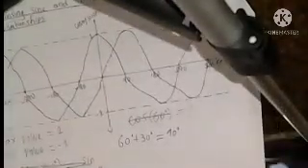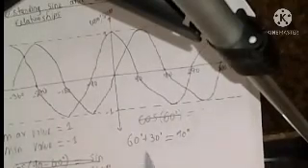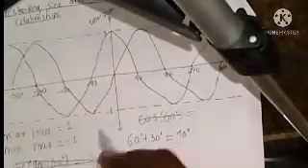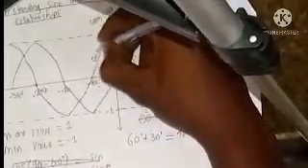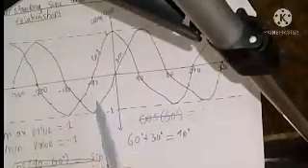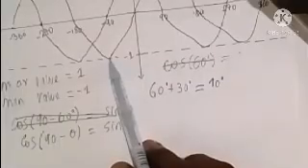One is positive, one is negative. So if you look at it from the graph, this is the graph of sine, if I'm not mistaken. Okay, this is sine and this is cos.